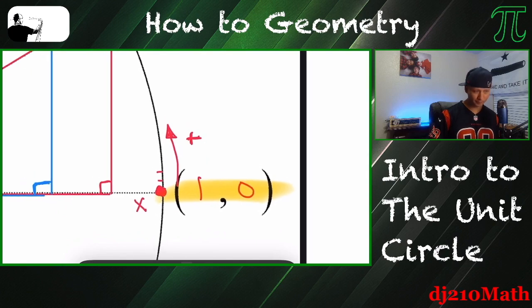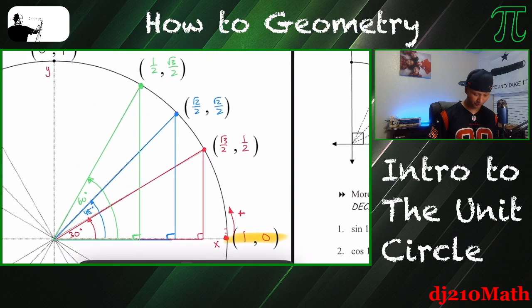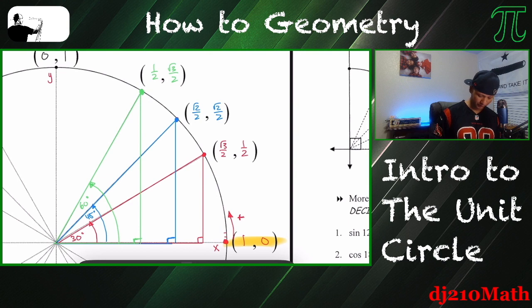And that's important because if you look at the y coordinate, which is 0, and then you start to count upwards, it's 0, 1, 2, 3, as far as the y's are concerned.